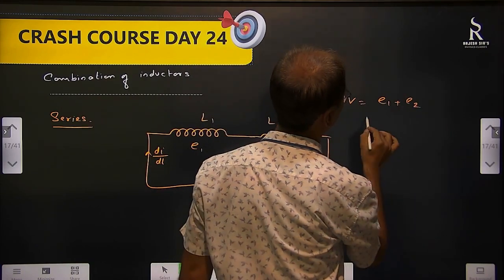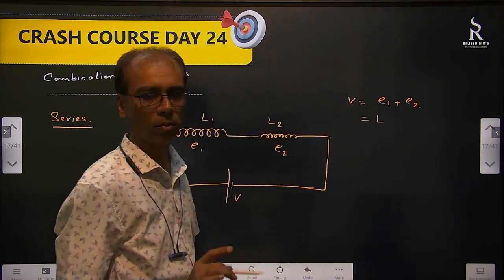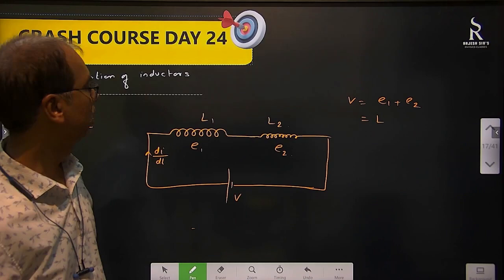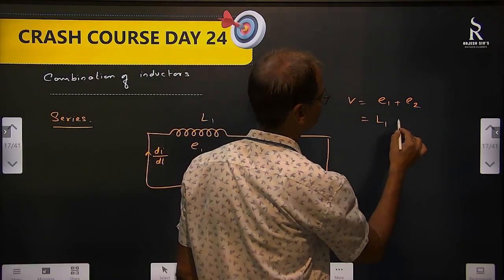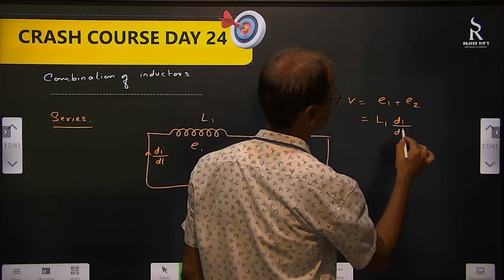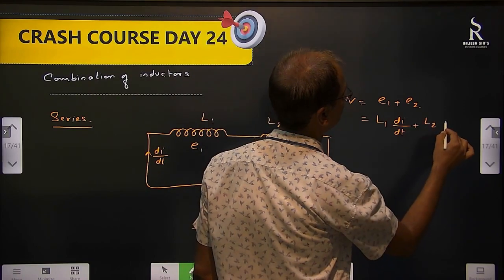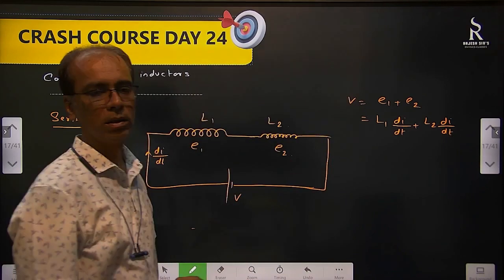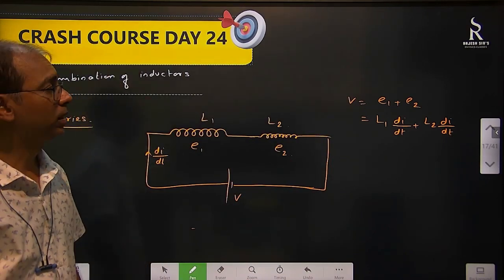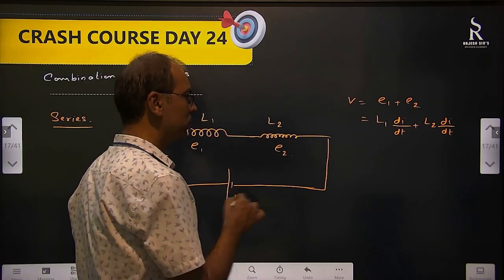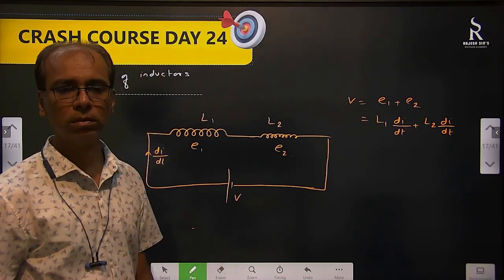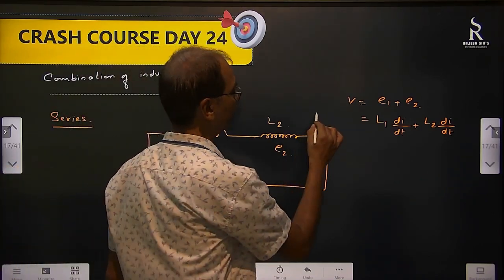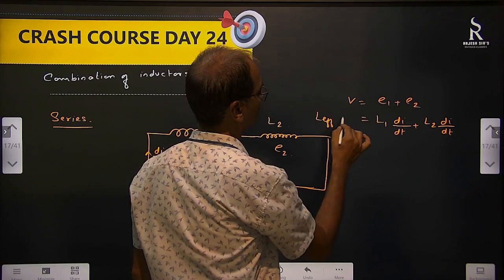Now what is E1 and E2? I am writing directly here, no minus I am writing. So L1 di by dt plus L2 di by dt. That is equal to combination self inductance, so L effective into di by dt.